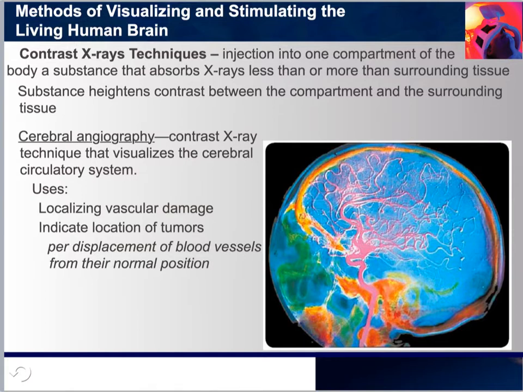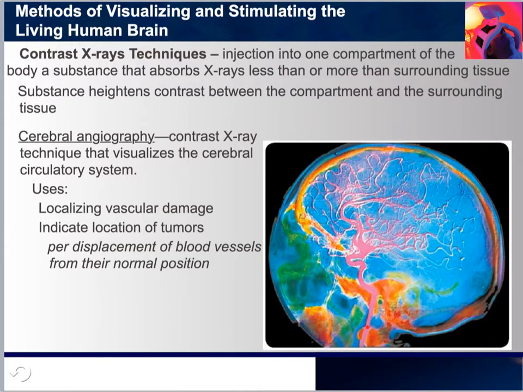Again, cerebral angiography is a contrast X-ray technique that visualizes the cerebral circulatory system. And here you can see the vascular system all throughout. This is typically used when individuals want to locate tumors around the brain. And if we see that there's a displacement of the blood vessel from the normal position, then it could be an indication of a tumor pressing against it.